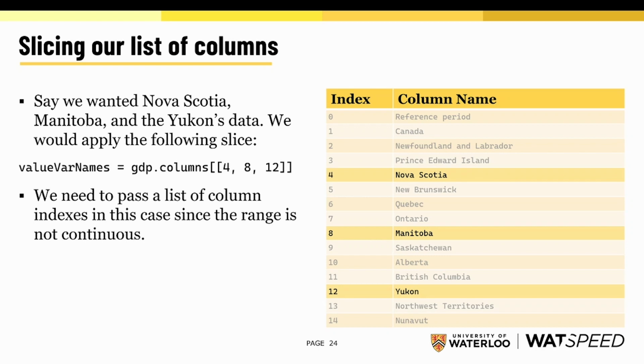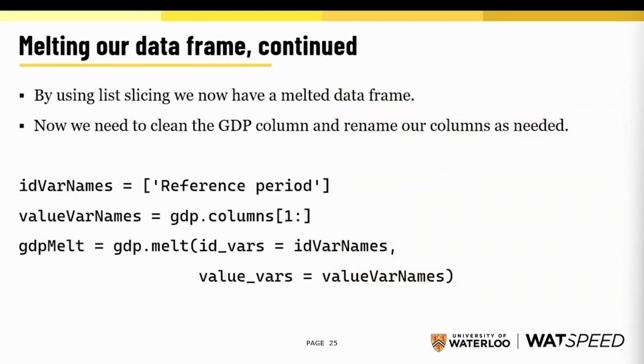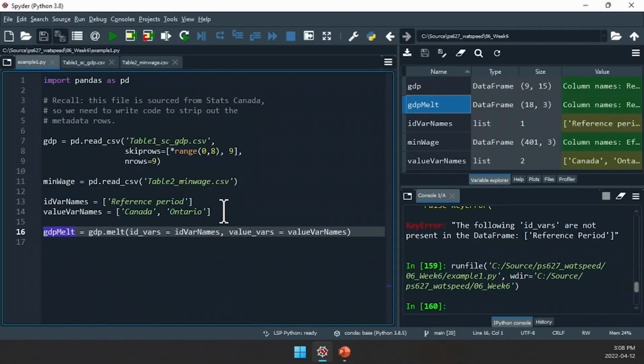So if we want to get the GDP for, say, just the provinces or for Canada and all of the provinces, we would write the following code. We would get our value var names by doing gdp.columns, starting at index 1 and going to the end. Let's try writing this code.